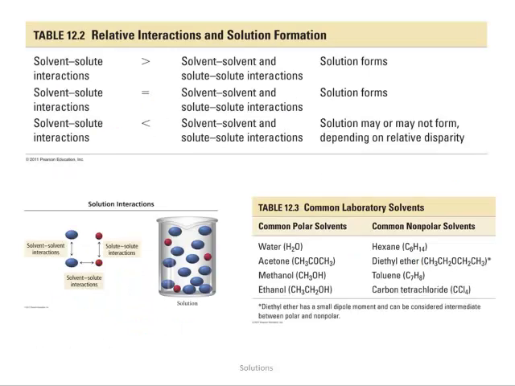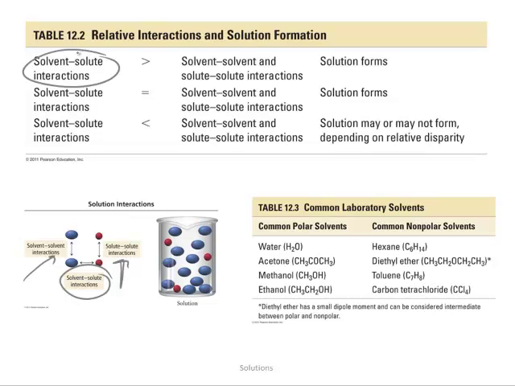Now, whether or not a solution will form, whether something will be soluble or not, depends, of course, on the interactions, the intermolecular forces. Is the solute-solute interaction stronger than the solute-solvent interaction, or is the solvent-solvent interaction stronger than the solute-solvent interaction? We know those interactions are intermolecular forces, so the strength of those will determine what interaction is more favorable.